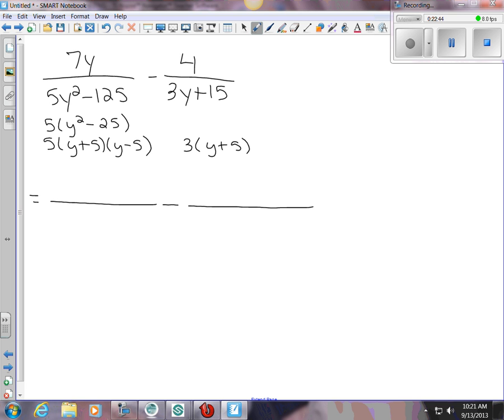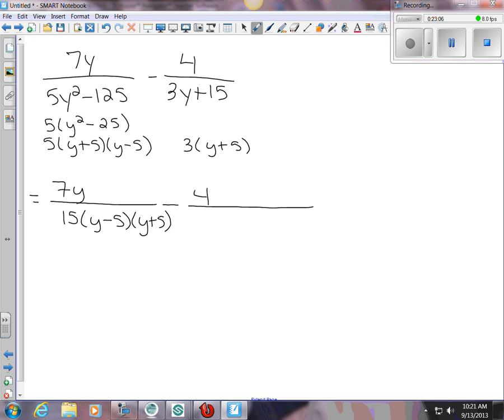So now let's decide what our common denominator is going to be. 15, good, there's our number. Y minus 5 is what's alone. Y plus 5 is what they share.